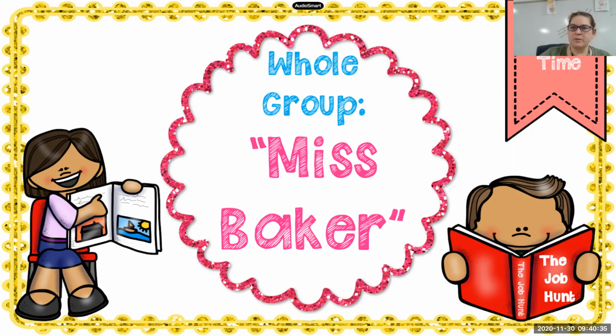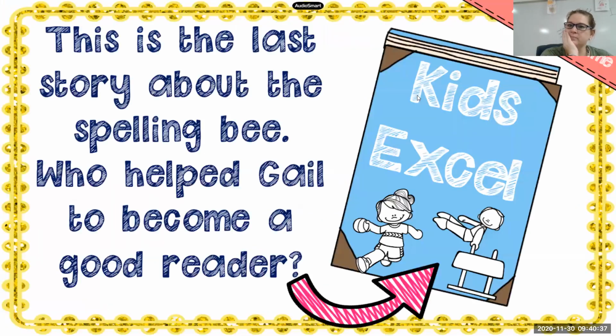Miss Baker. Do you guys remember who Miss Baker was? This is our last story about the spelling bee. Remember we read about a spelling bee before Thanksgiving break? Who was it that helped Gail become a good reader and a good speller? Do you guys remember who that was?